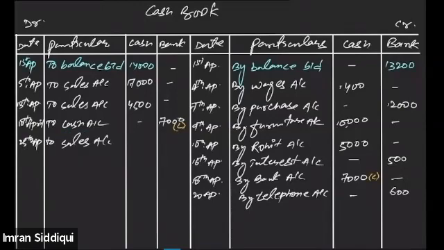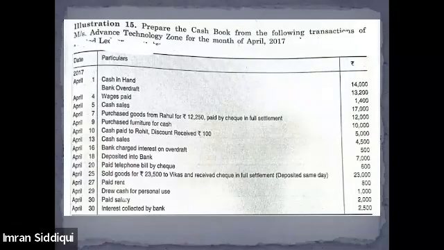Because we are not selling it on credit basis, no? So we have sold it to Vikas. So we can write down the name of the customer, to Vikas, and the amount was 23,000.